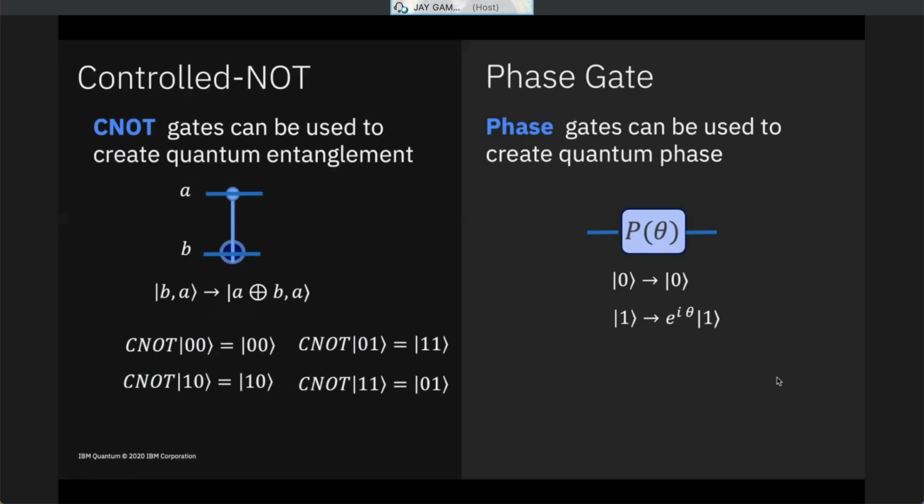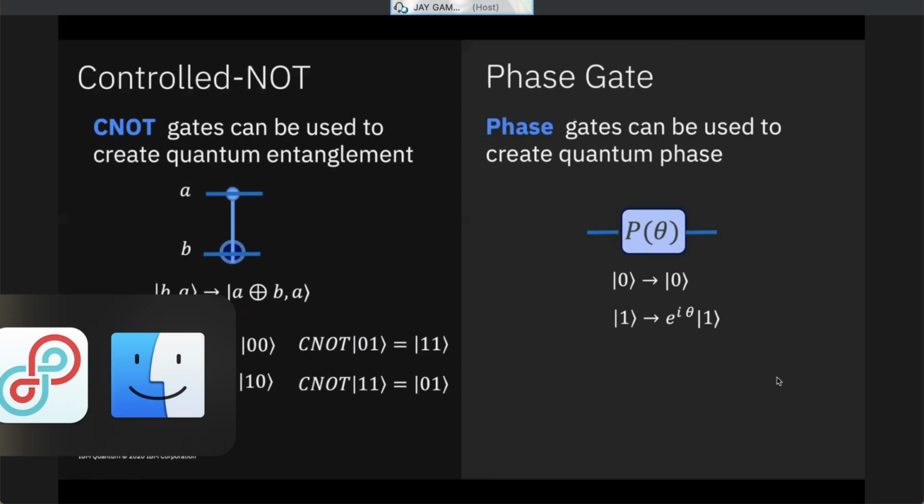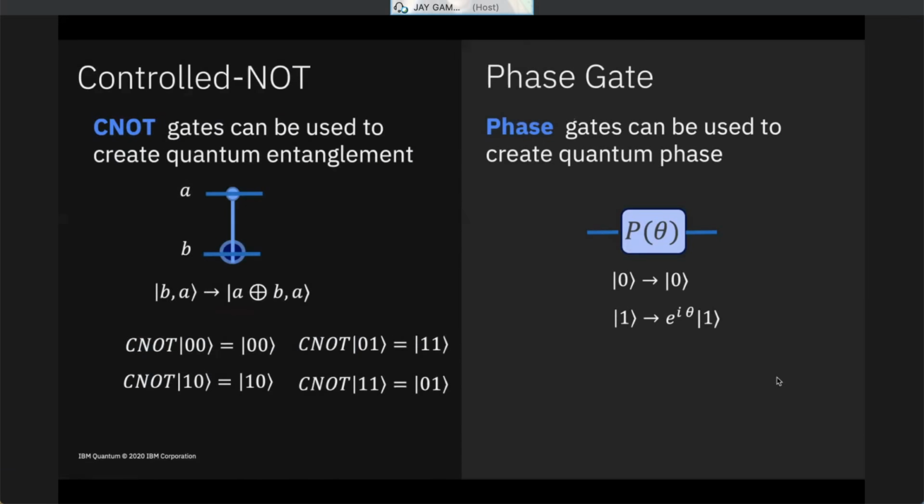The second gate that we often see is the controlled NOT. So if I have this gate, it's very simple. Depending on the input states, if I put a 0, 0 and apply this gate, I get back a 0, 0. If I apply it conditioned on the first qubit being in a 0, and the second qubit is in the 1, I'll get back a 0, 1 again.